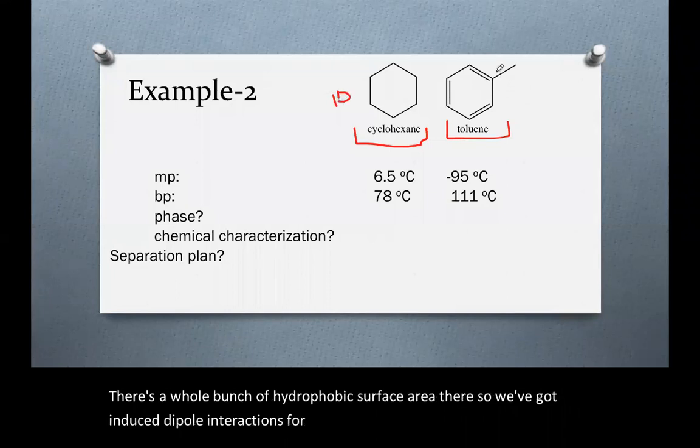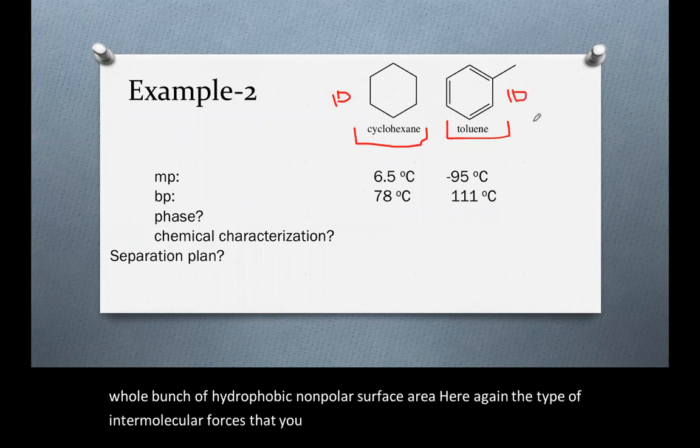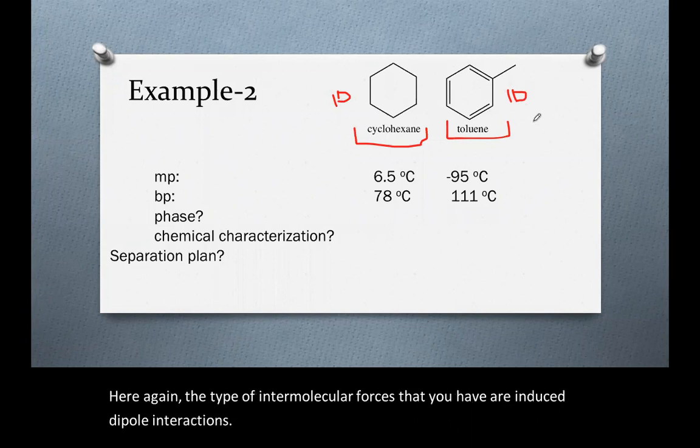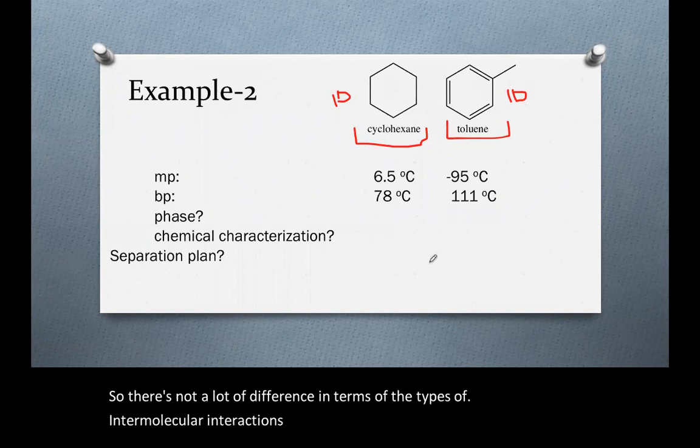If we look at toluene, again, a whole bunch of hydrophobic nonpolar surface area here. Again, the type of intermolecular forces that you have are induced dipole interactions. So there's not a lot of difference in terms of the types of intermolecular interactions between these two molecules.